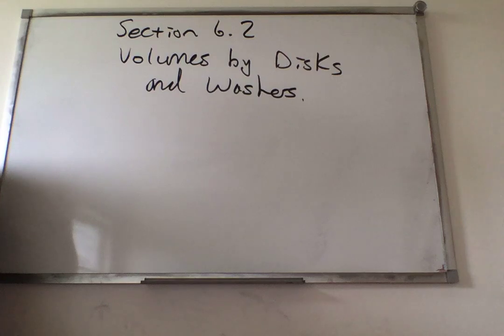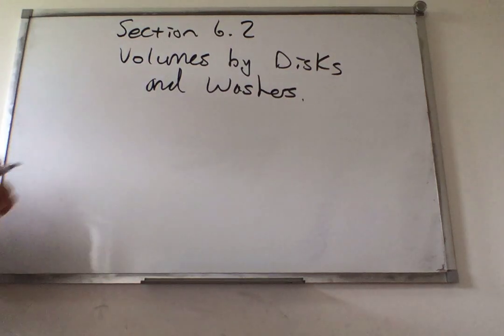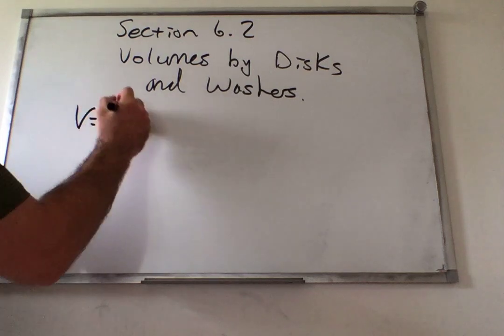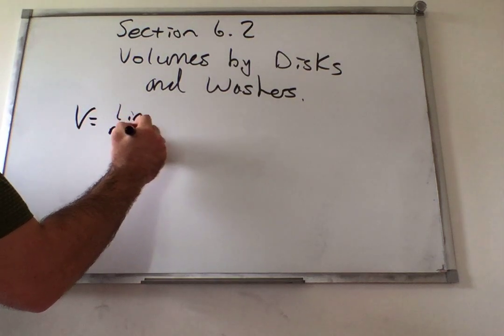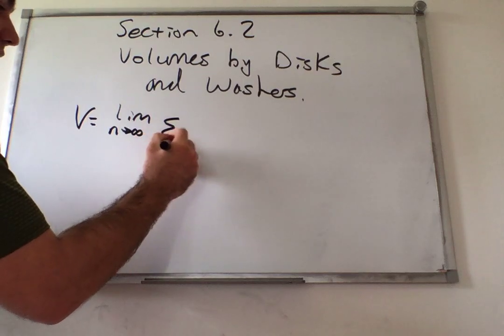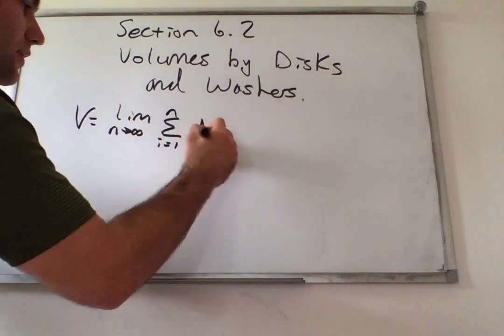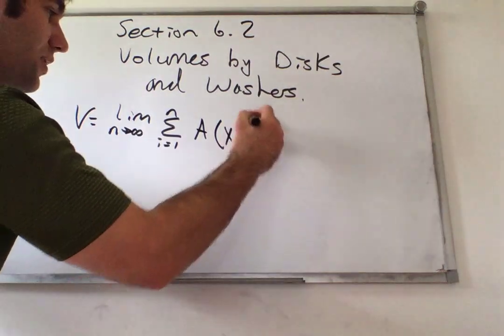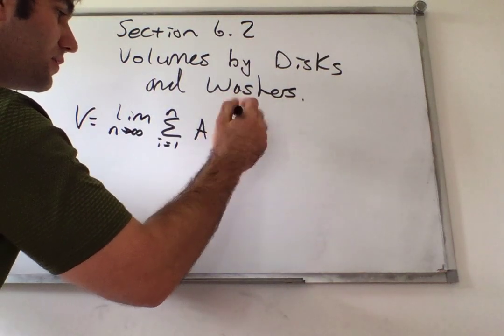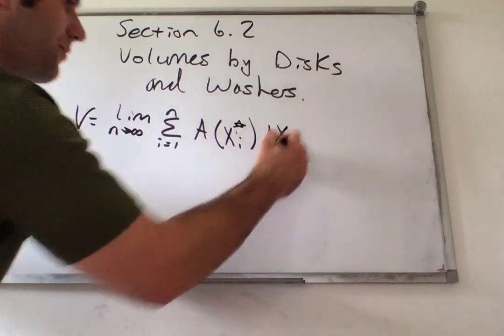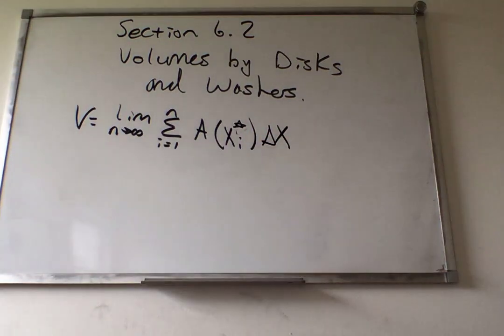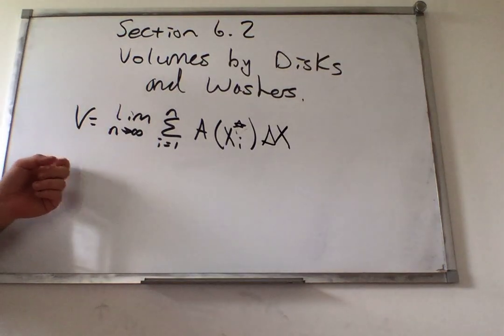If the cross-sectional area of S in the plane P sub x, through x perpendicular to the x-axis, is A of x, where A is a continuous function, then the volume V is equal to the limit as n goes to infinity of the sum from i equals 1 to n of A of x sub i star, delta x.